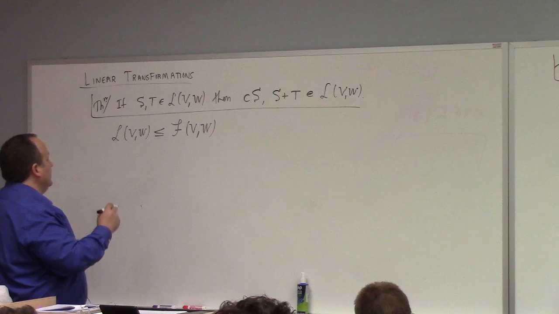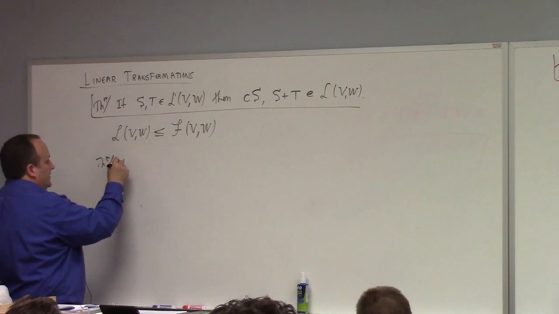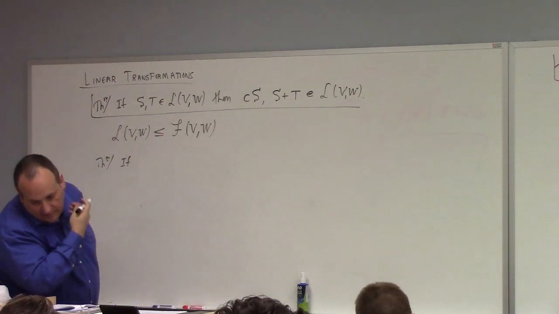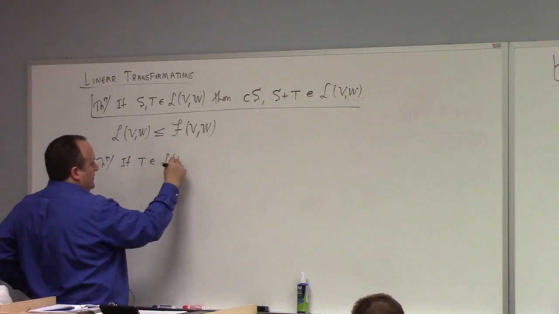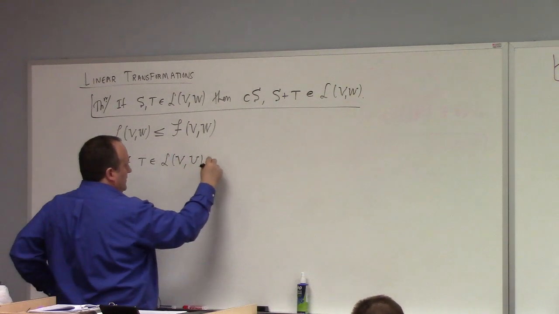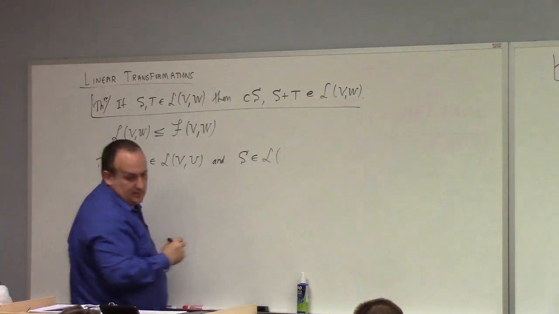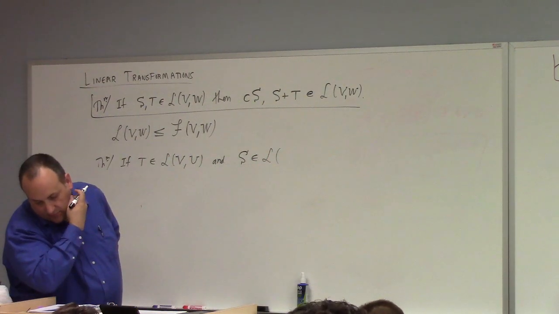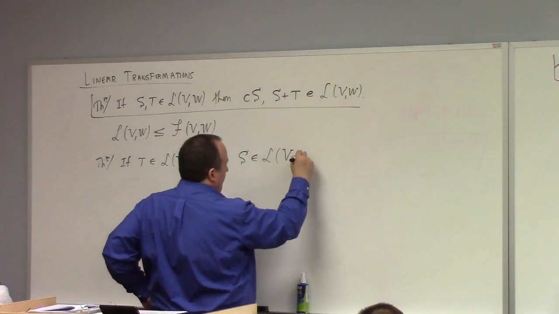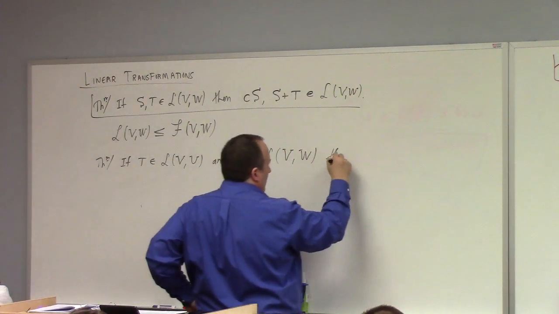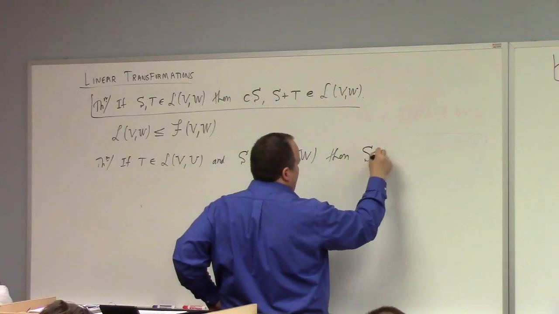This one's a little more interesting. I'll go through this one. Theorem: if we have, let's say, T, an element of linear transformations from V to U, and S, an element of the linear transformations from V to W, then the composite, we'll write it down and see if it makes sense.